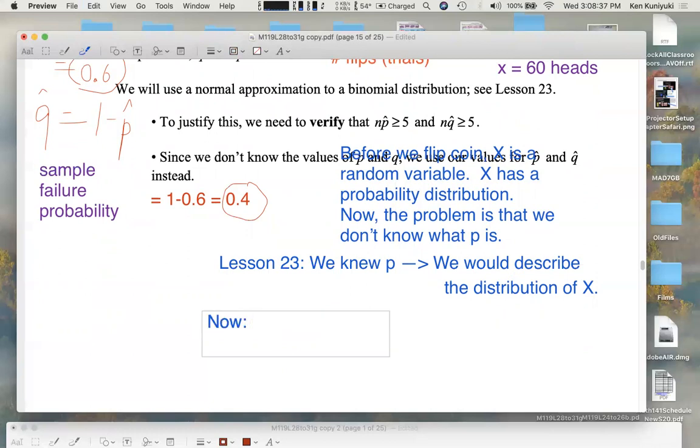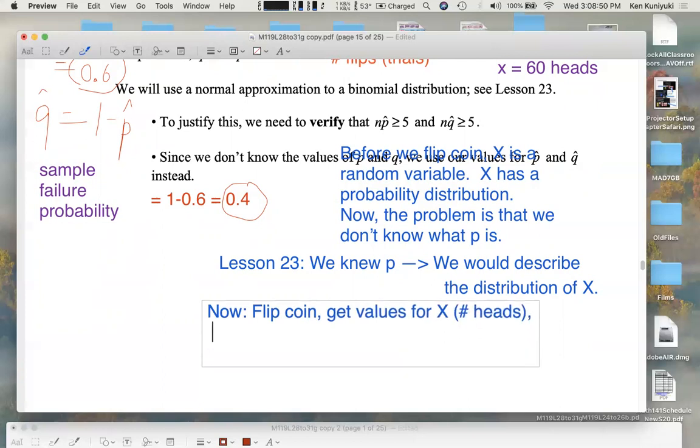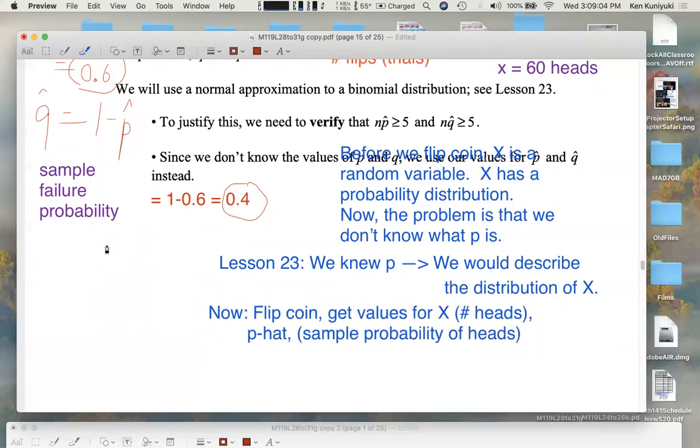Now we're going to flip the coin a bunch of times, and we're going to get values for X, the number of heads, and also the corresponding statistic, P hat, which is the sample probability of heads, successes.